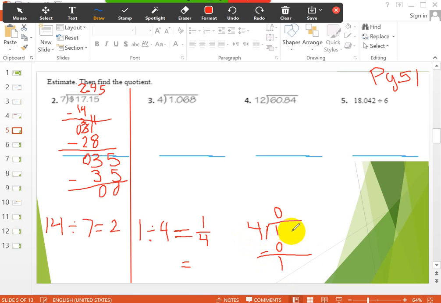But I know any whole number I can write as a decimal number, right? Because look, 1, if you put a decimal point, the digits after the decimal point, the tenths and the hundredths and the thousandths, will be zeros, right? So I will use this strategy to divide this 1 by 4.